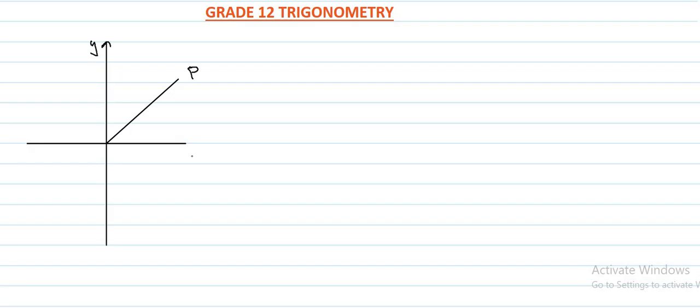The beginning is, if you are given a Cartesian plane like this, in our Cartesian plane you are given a point, so let's say this is point P. Our Cartesian plane has the y-axis and the x-axis.